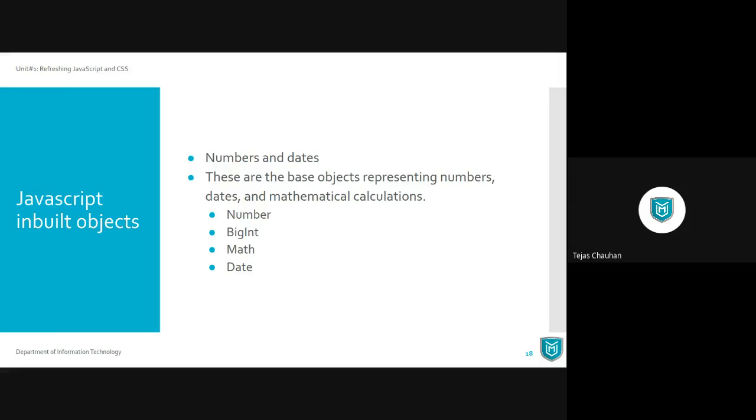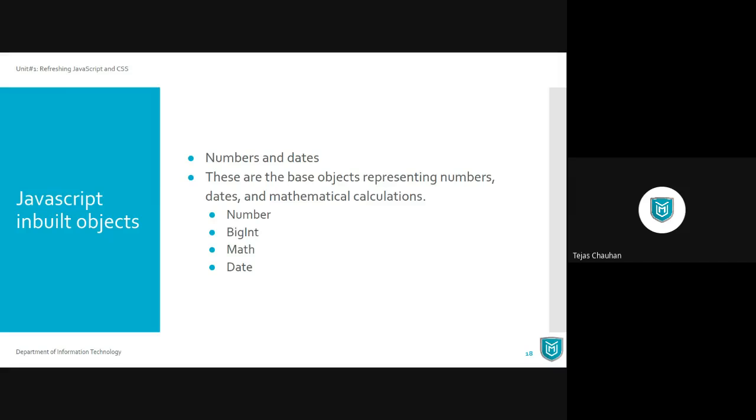Then there are log functions, ln functions, math.PI also. So that gives you the value of pi. Even you can find square root using the math object. There are a number of methods in the math object also, like trigonometry functions.